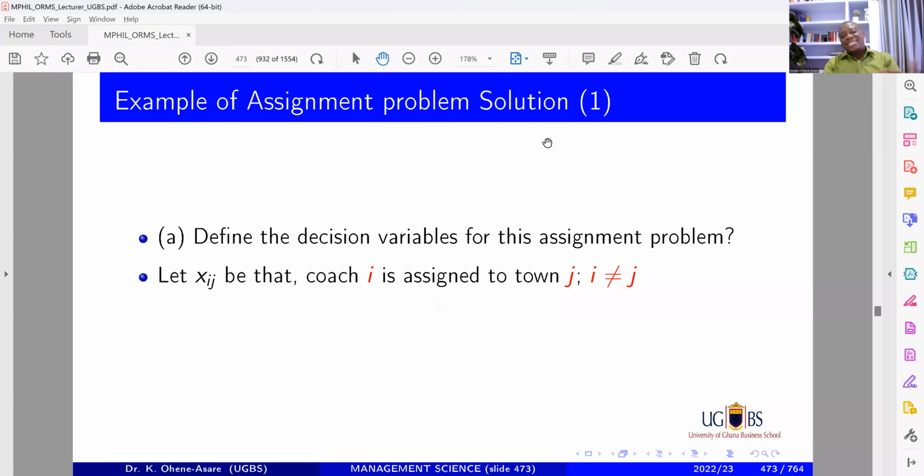So let Xij be team of officials I, or coach I, assigned to town J. That's how you do it.